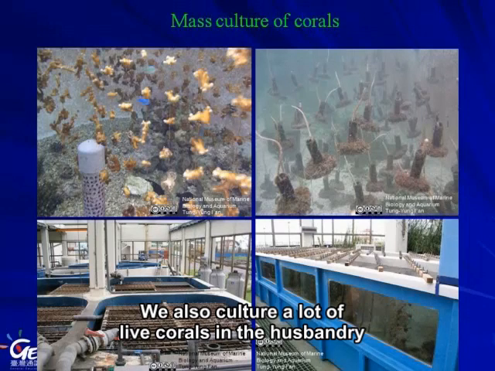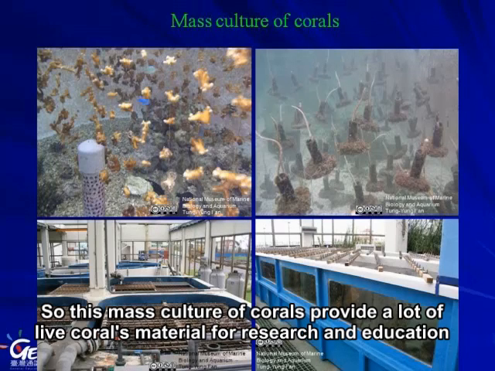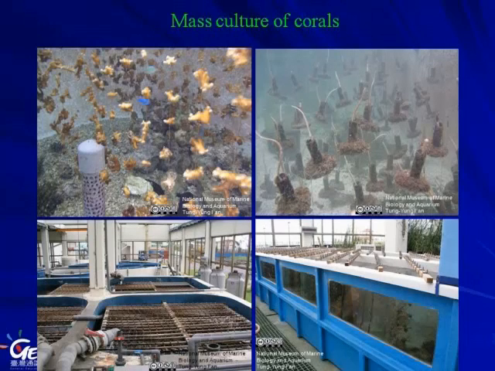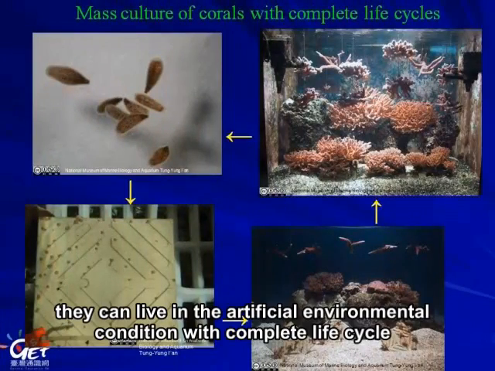We also culture a lot of live corals in the husbandry. This mass culture of corals provides a lot of live coral material for research and education. Some corals can now live in artificial environmental conditions with a complete life cycle.